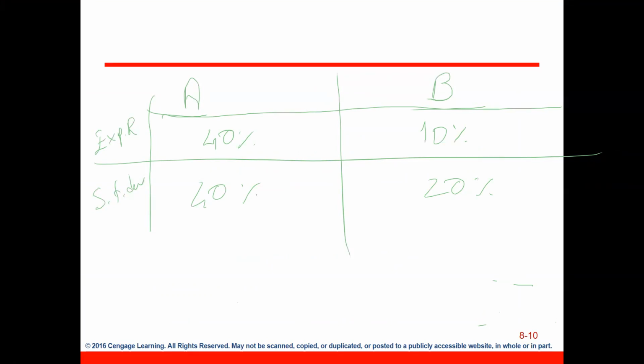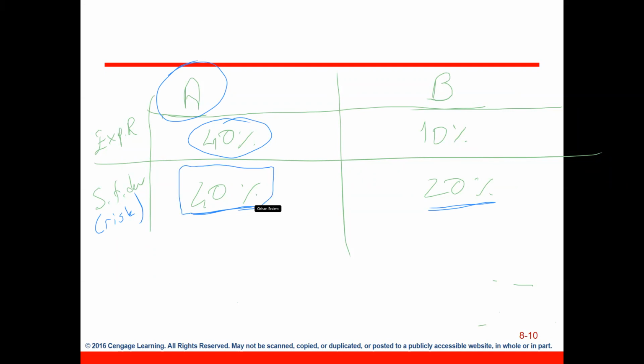Okay. So once again, standard deviation measures the risk. By looking at the numbers only, you would say that A is more risky than B. But you have to standardize it. This stock A provides you 40% in return for the risk you are bearing.